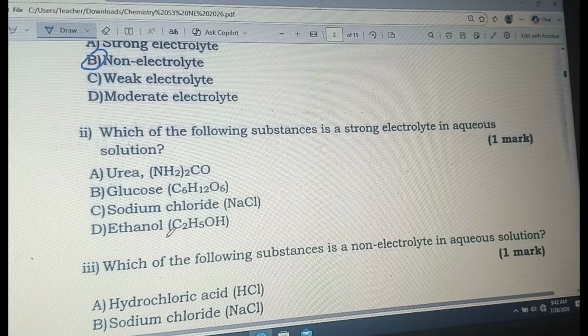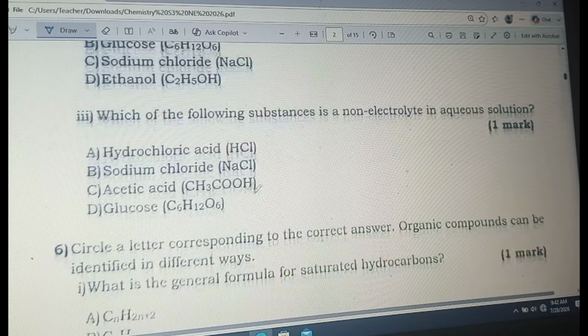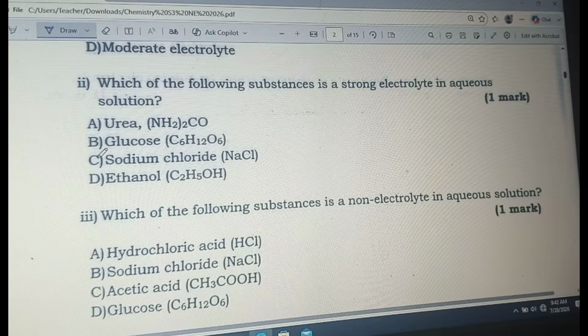D, ethanol is non-electrolyte, means that does not produce any ion. But C, sodium chloride, is electrolyte, what we call strong electrolyte, to produce many ions. It dissociates completely when dissolved in water. Means that the best option is this one, C.